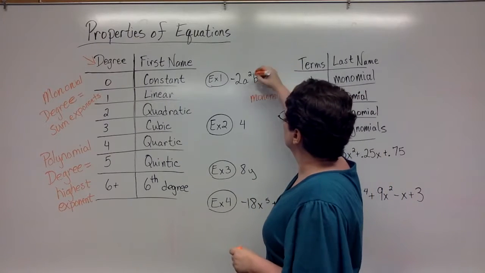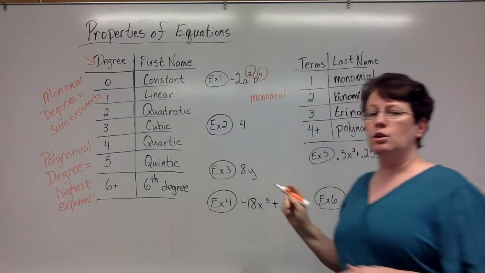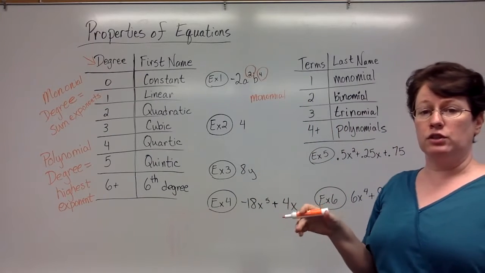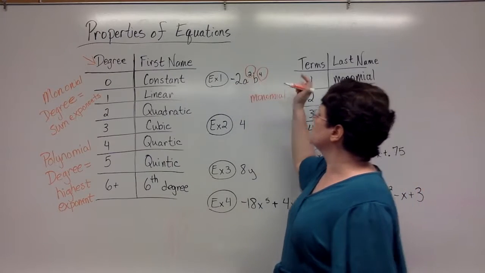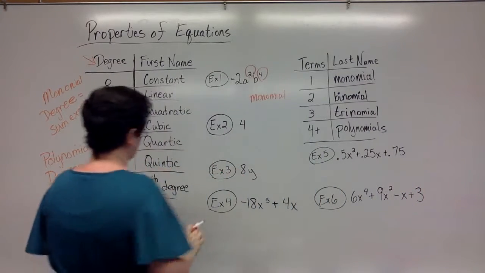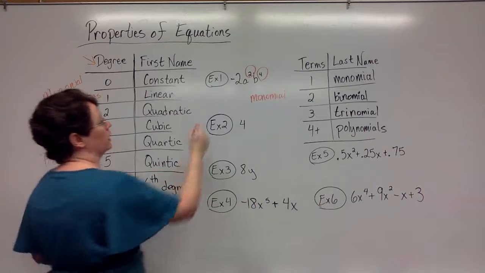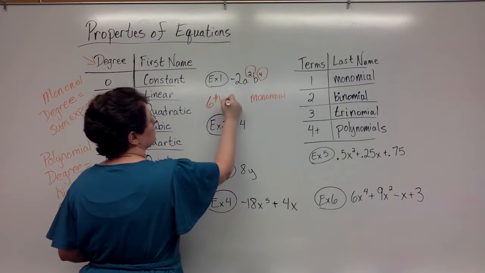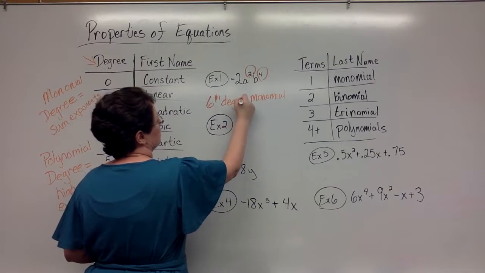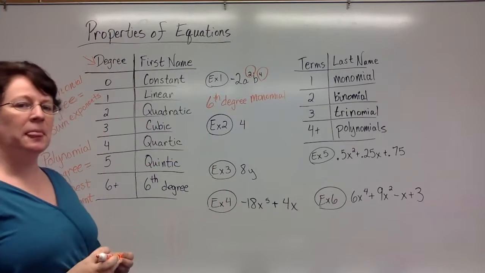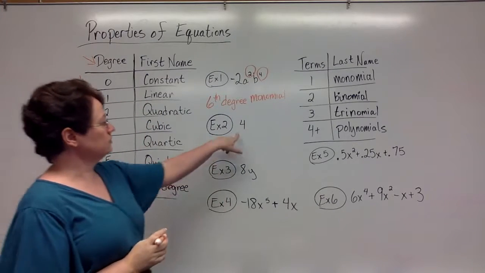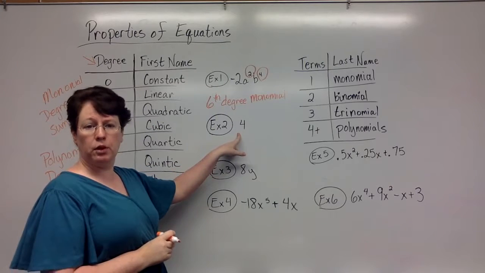I have a 4, I have a 2. I don't worry about the degree of the coefficient. The coefficient is the number up front. So it's just 2 plus 4, so that's a 6. Well, 6 doesn't have a special name, so this is a 6th degree monomial.